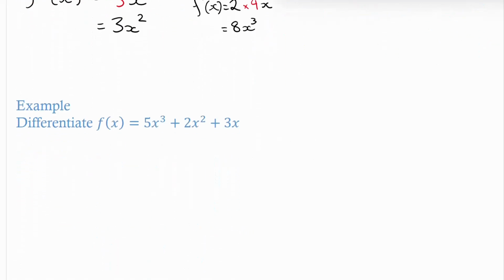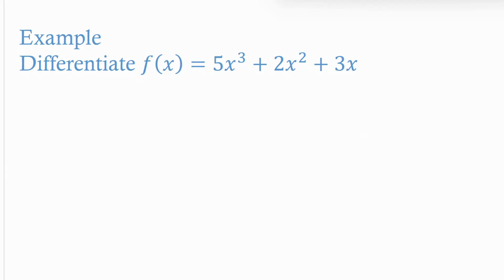So we're going to look at some examples. Here we have a function, f(x) equals 5x cubed plus 2x squared plus 3x. We're going to differentiate this. Remember, this 3 is going to come out the front, this 2 is going to come out the front, and this x is going to disappear.